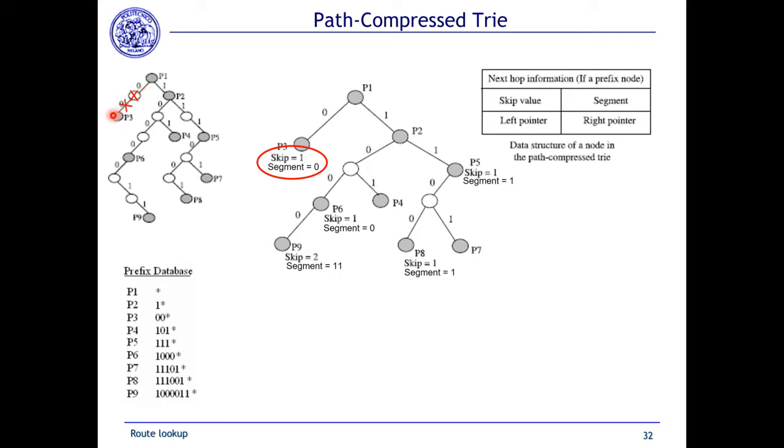So P3, basically this gray node P3, will be directly attached to this arc which is surviving, and that is 0. And in P3 you have to add these two extra fields, the skip value and the segment value. Skip will be 1, segment will be 0.